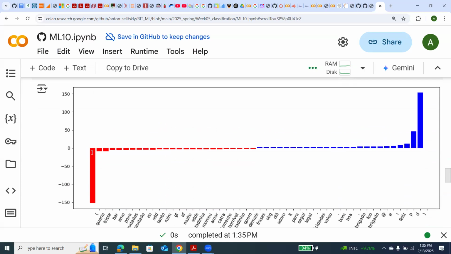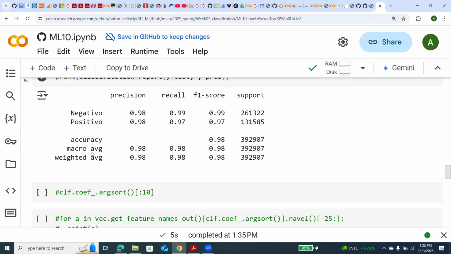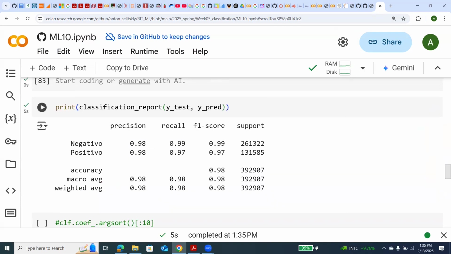But the ground truth was actually done based on these emoticons. And I have found only this data set in Portuguese, where emoticons were preserved in the data. And you can see the result that these are the most important tokens. Yeah, and you can see the accuracy now, it's almost 100%.